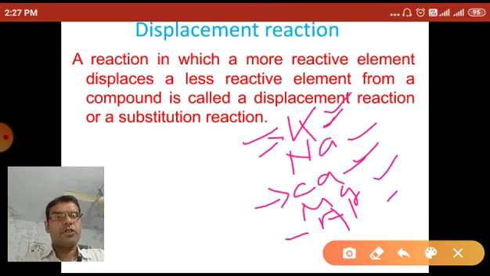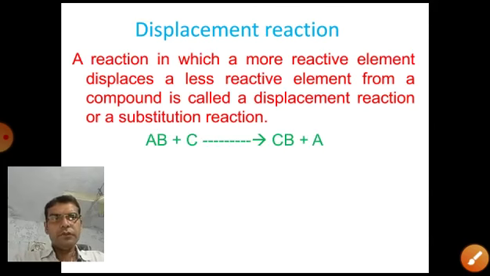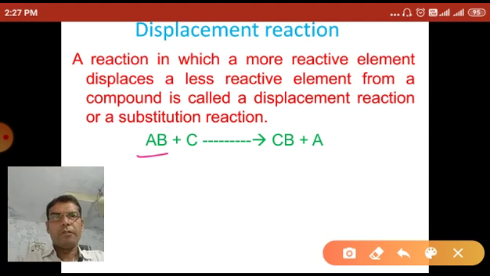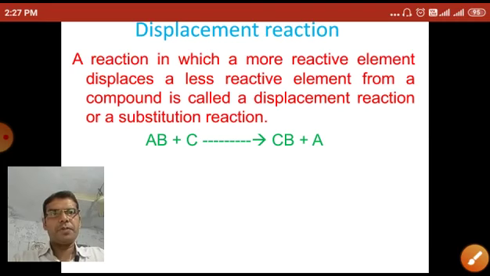That reaction is called a displacement reaction. Let's see the examples. AB combined with C, then C displaces the A and forms CB. So this is a type of displacement reaction.